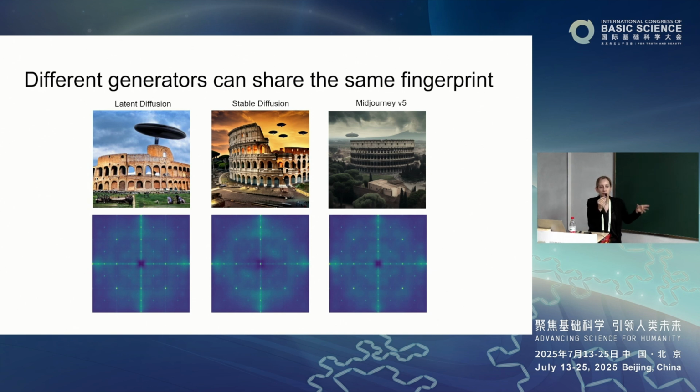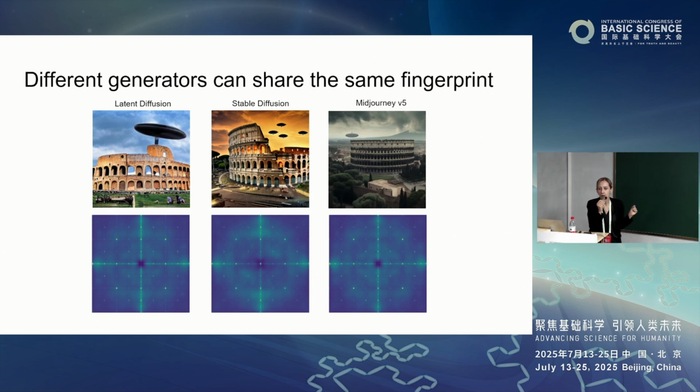The main reason is that the architecture behind Midjourney is actually the same as latent diffusion or stable diffusion. So even for tools that are available online, you can understand by extracting such fingerprints if they are similar to some architectures that were published recently, like latent and stable diffusion.